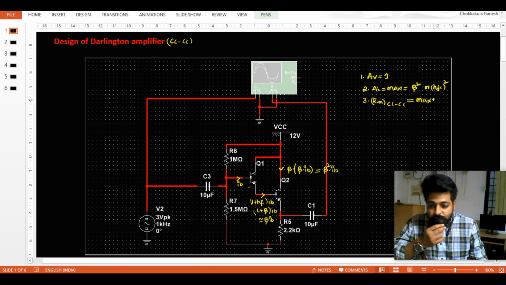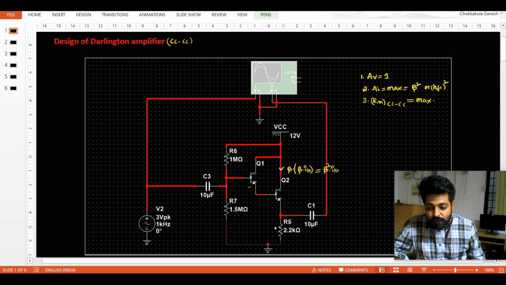Let me calculate the maximum value of the input resistance over here. There will be 2.2 times the resistance offered by this one. So the effective resistance of this one, once I bring it to this branch, will be beta whole square times, since beta times I have to scale. So 2.2 kilo ohms will be multiplied with beta, so that current scaling will be satisfied.